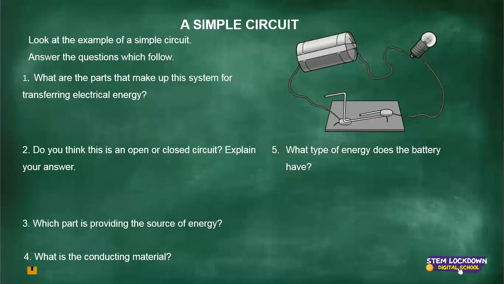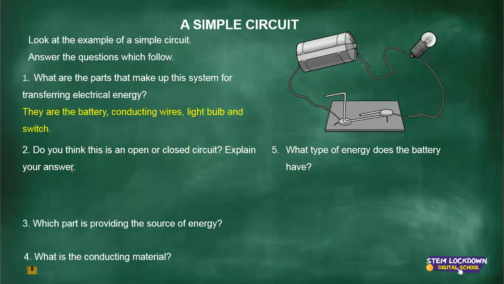Your switch. Excellent. Very well done. So the parts are basically the components. Thank you for your answer. Well done. So we say the parts, which are the components, are the battery, the conducting wire, the light bulb, and the switch, which he correctly answered.